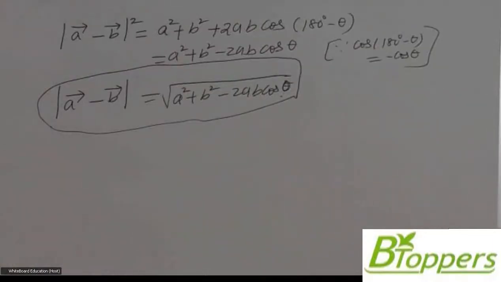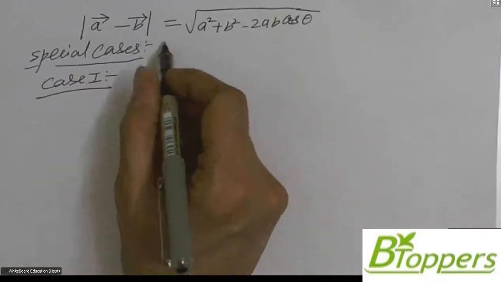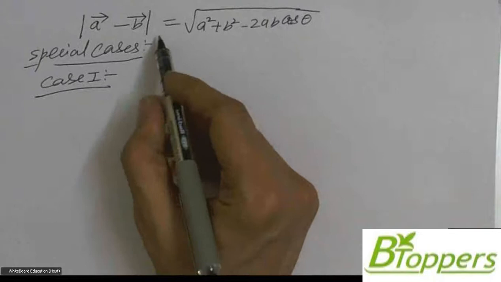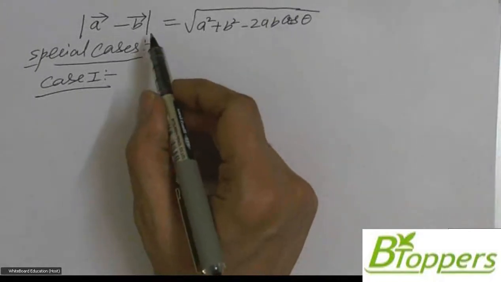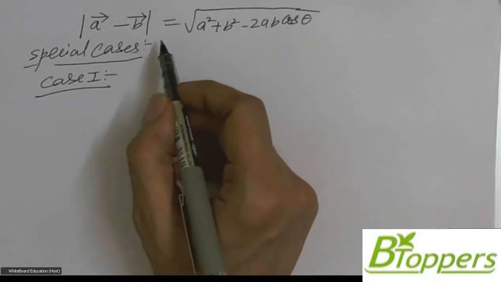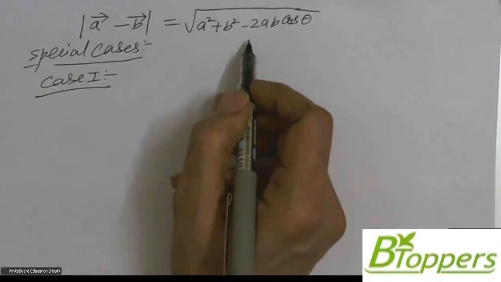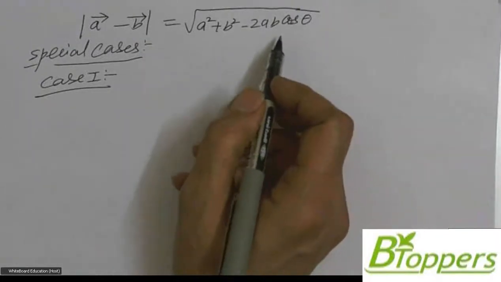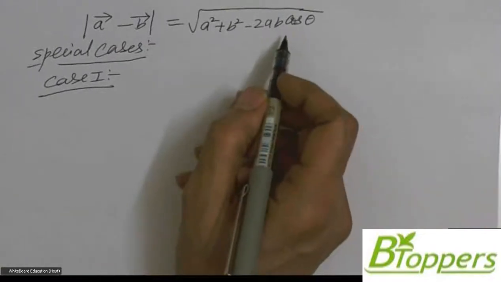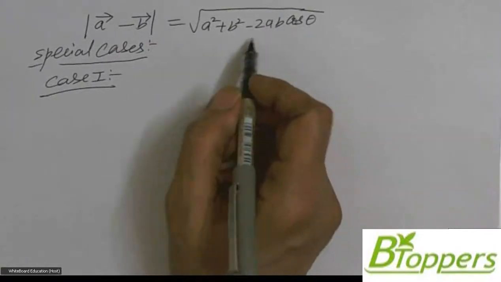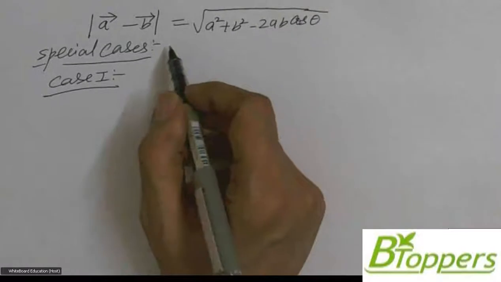So next I am going to discuss some special cases. In general, the magnitude of the vector difference of two vectors a bar and b bar is given by mod of a bar minus b bar equal to root of a square plus b square minus 2ab cos theta. So I am going to discuss some special cases using this equation.